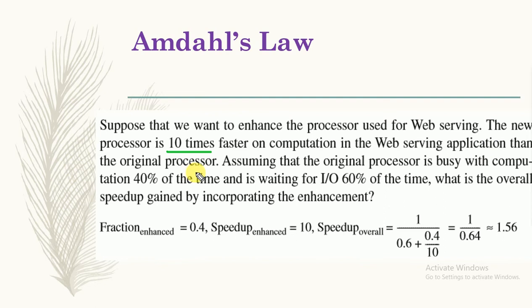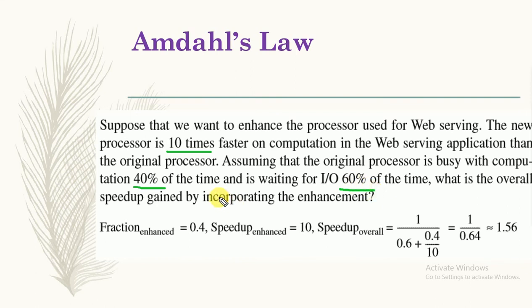Just remember this, it is 10 times faster. Assume that the original processor is busy with computation 40% of the time and is waiting for I/O 60% of the time.